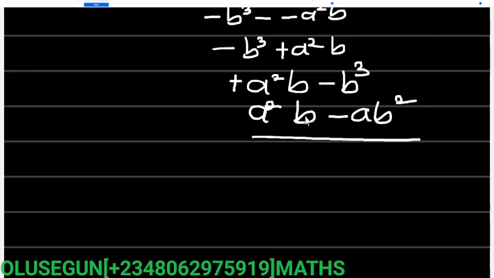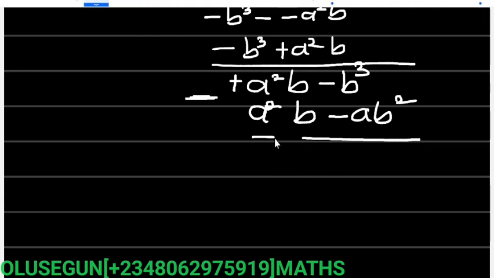So in analyzing this, let's try to subtract the below equation from the above. So this is what you want to deal with. This is the minus. So therefore, a squared b minus a squared b will give us dash. So now, minus b raised to power 3 minus a squared b will give us, let me cancel this dash.